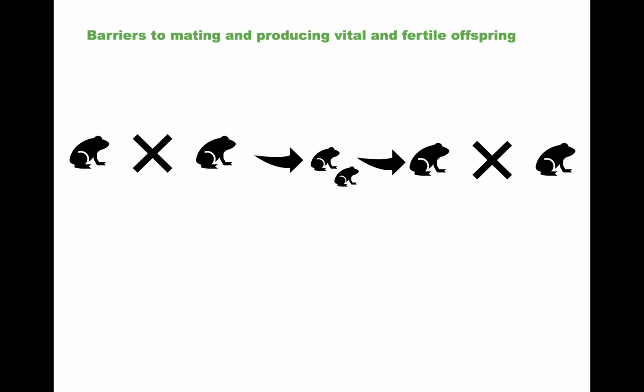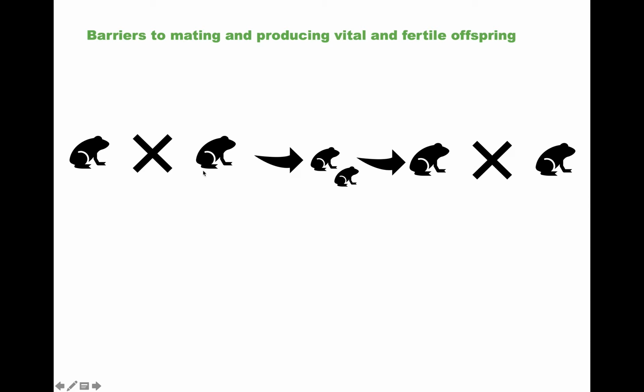So imagine you have frogs, and normally the same species of frog mate and then they produce baby frogs, and then baby frogs grow up, become adults and produce their own offspring.